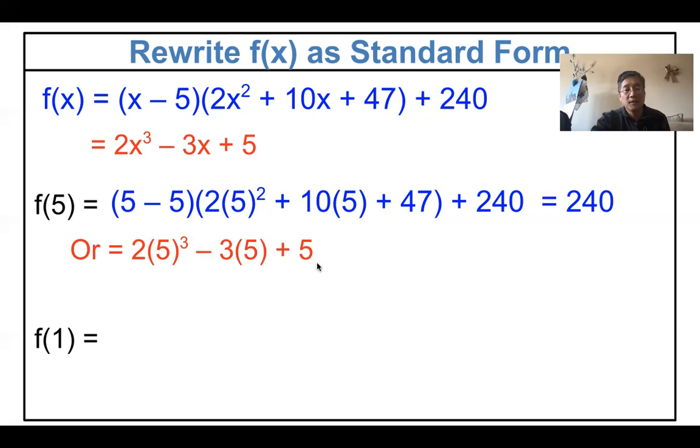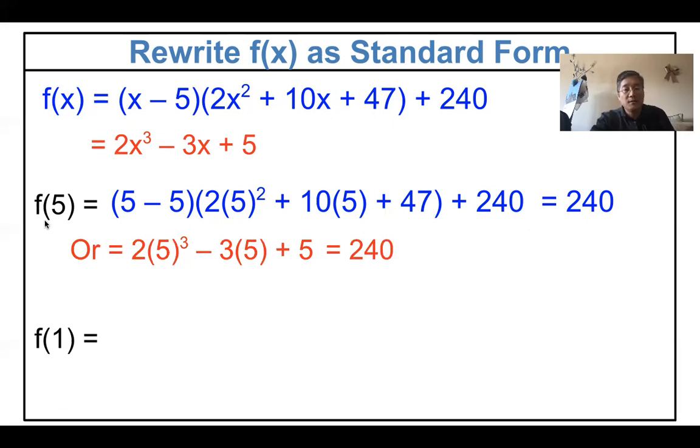If you plug in as it is into the calculator, what do you get? 240. Exactly the same, right? So when you plug x equal to 5 into the function, either the blue one or the red one, which is standard form, both functions will give you 240 when x equal to 5.